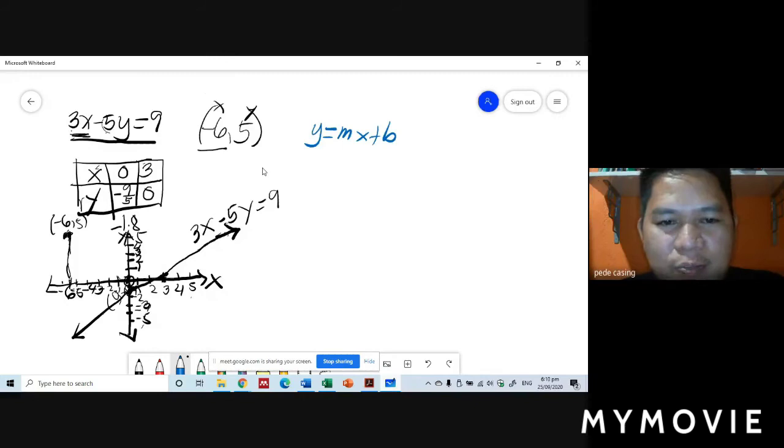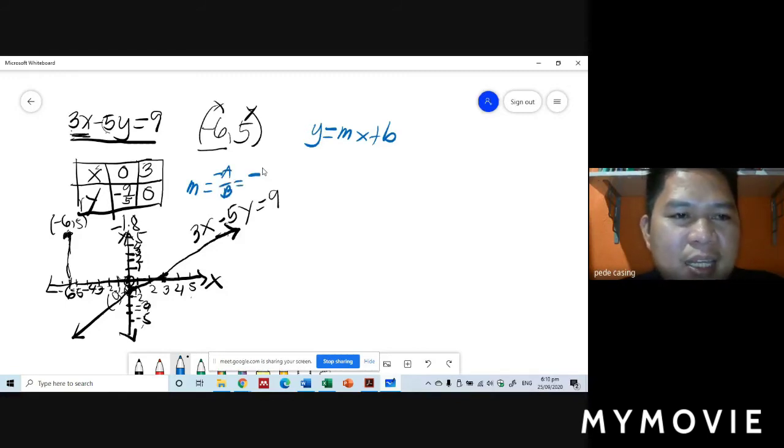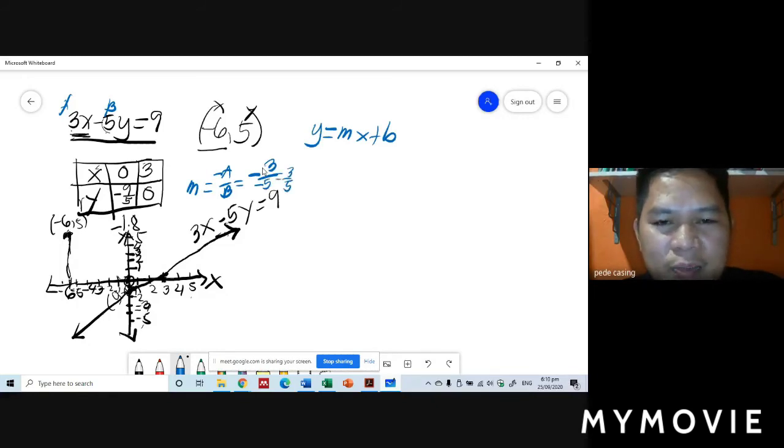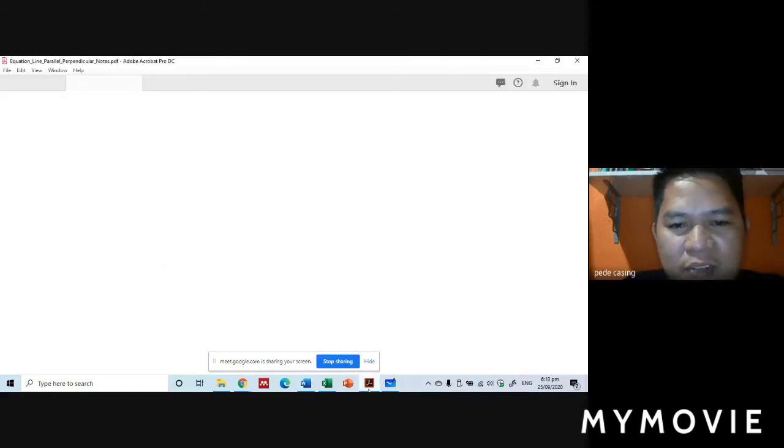Using the shortcut method to find the slope, our m is automatically negative a over b. Our a is 3, and this is our b. So negative 3 over negative 5, which is equal to positive 3/5. If we are going to look at our solving, the 3/5 is the m.